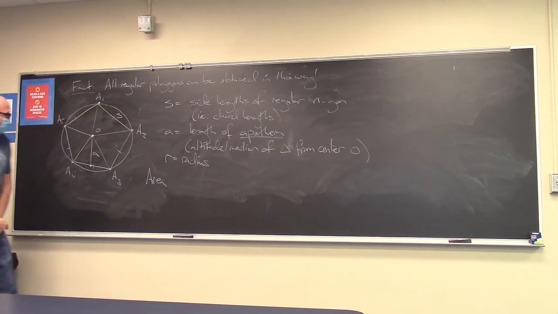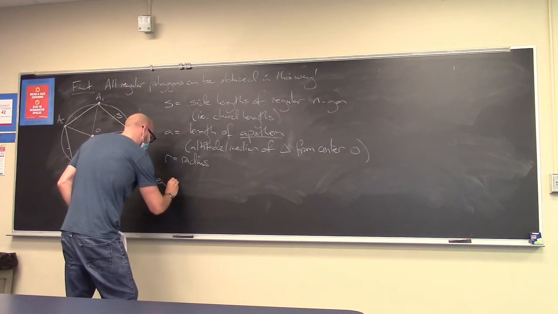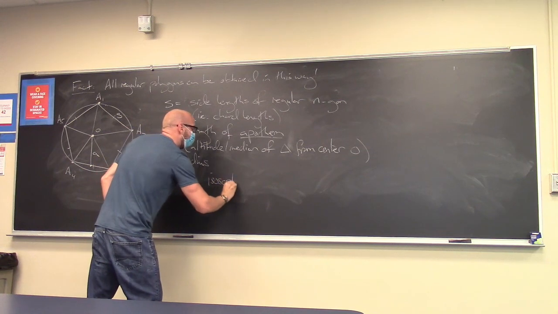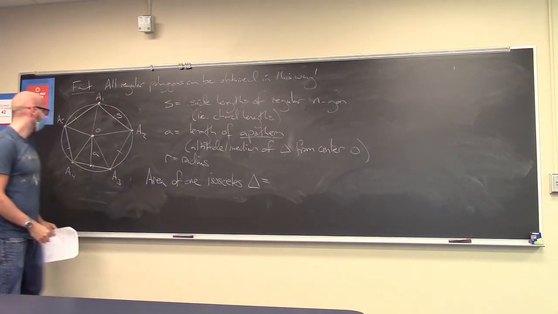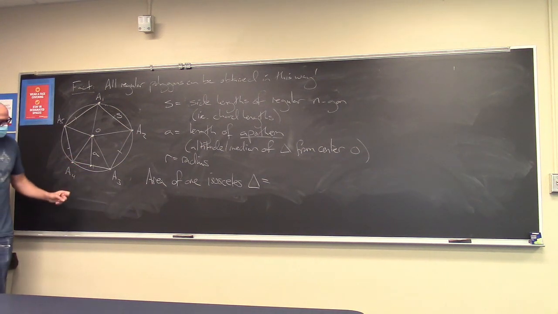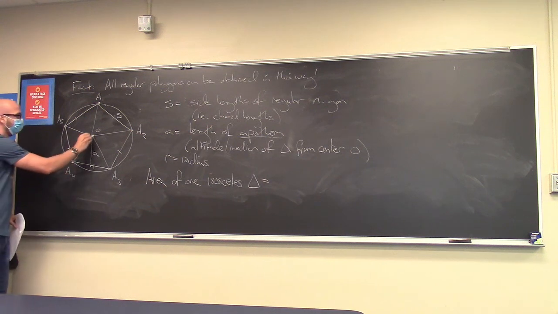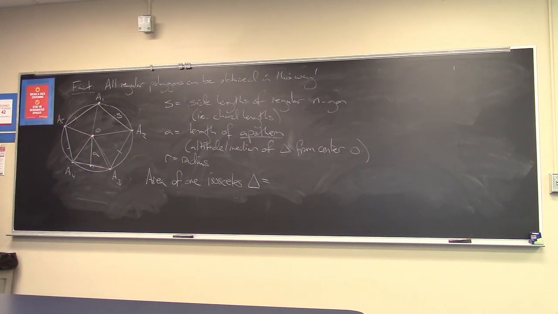So let's talk about areas. Area of one of these isosceles triangles. For example, this isosceles triangle right here. What's the area of this guy? A times R? Or no, sorry.